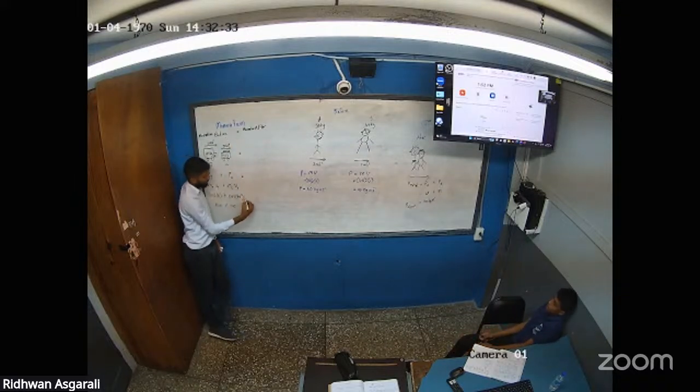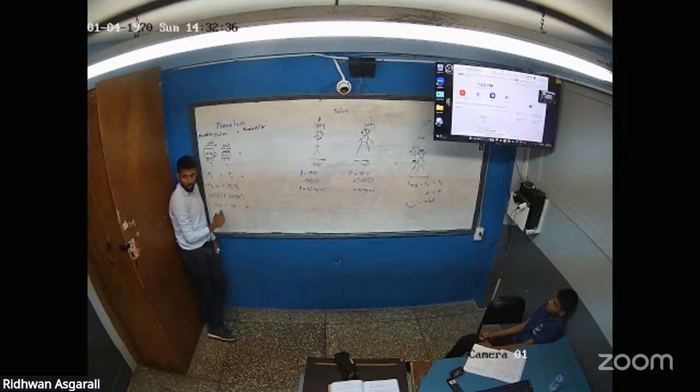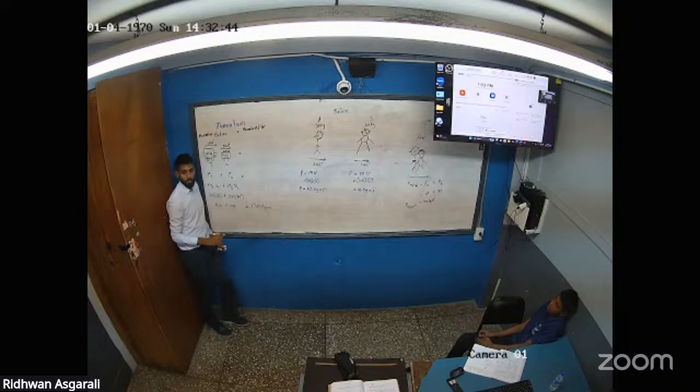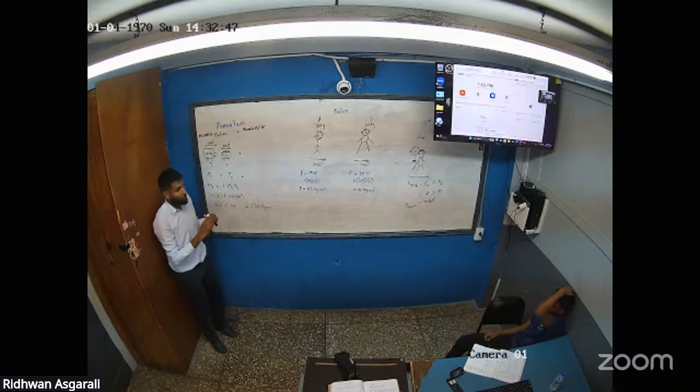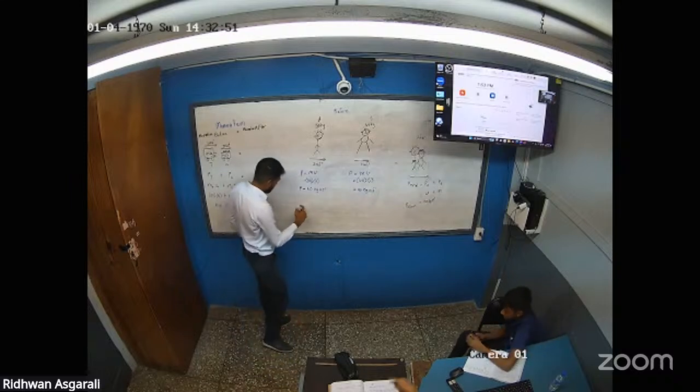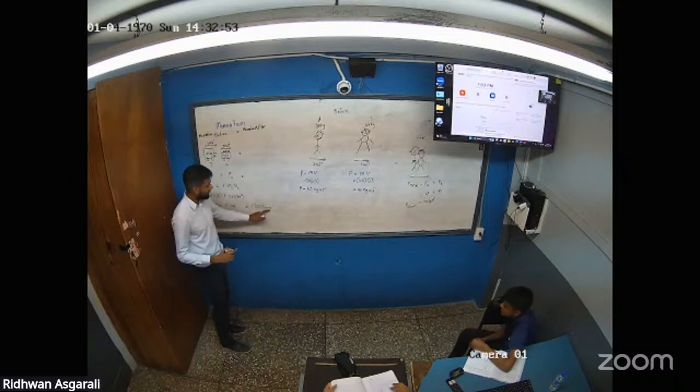So our momentum after collision is kilograms meter per second. Good job. So I will show you, right? What is the velocity formula?